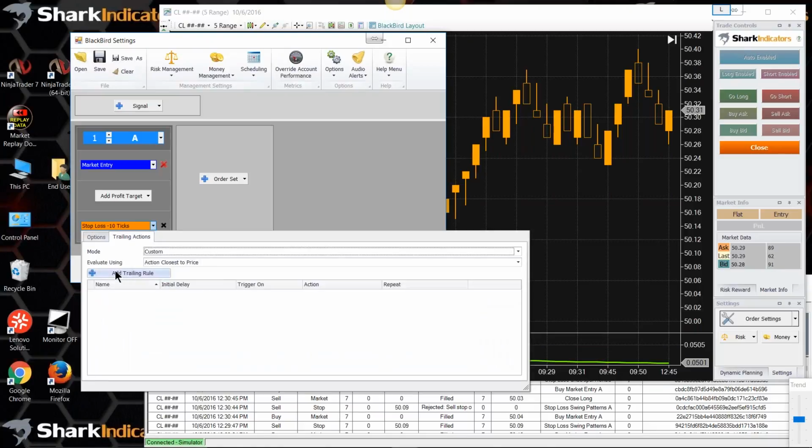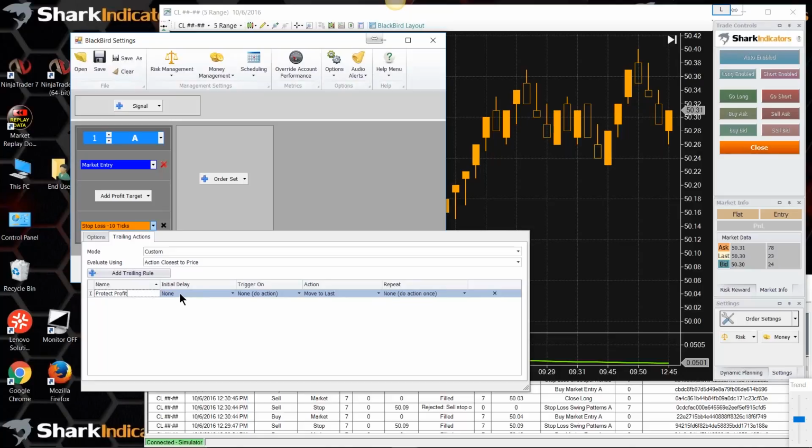We're going to set up a custom one, and then we need to add a trailing rule here. Let's call this trailing rule to protect profits.